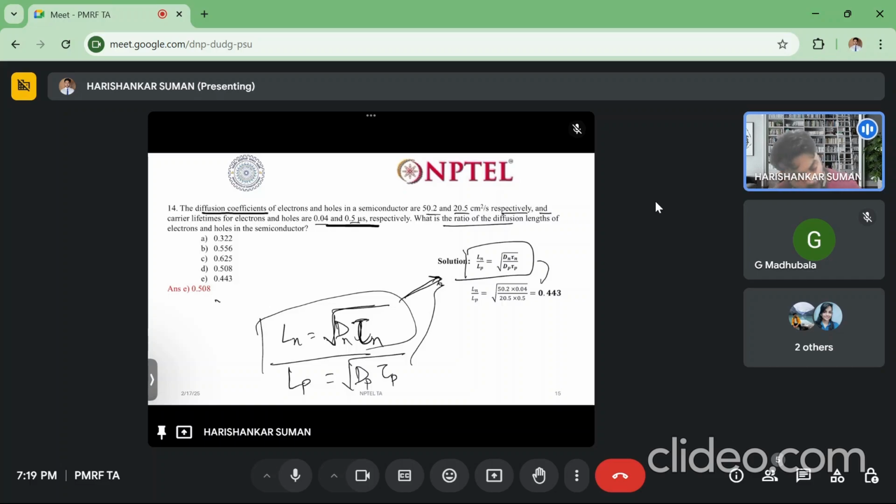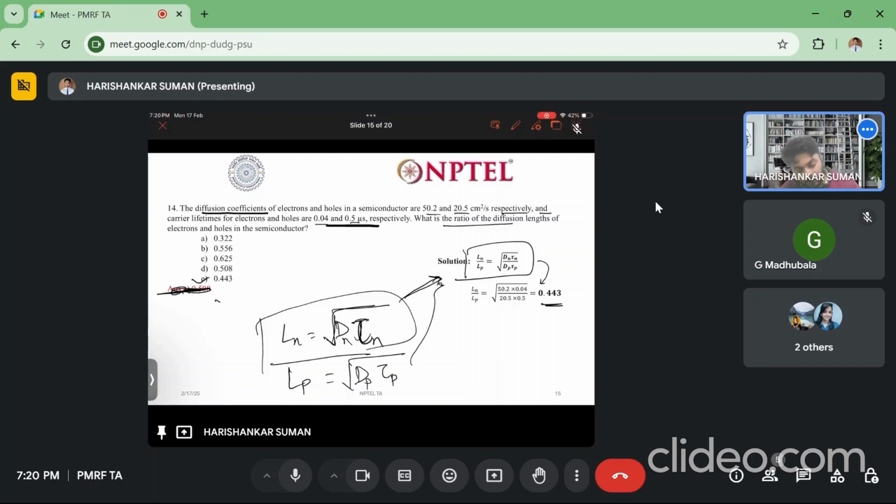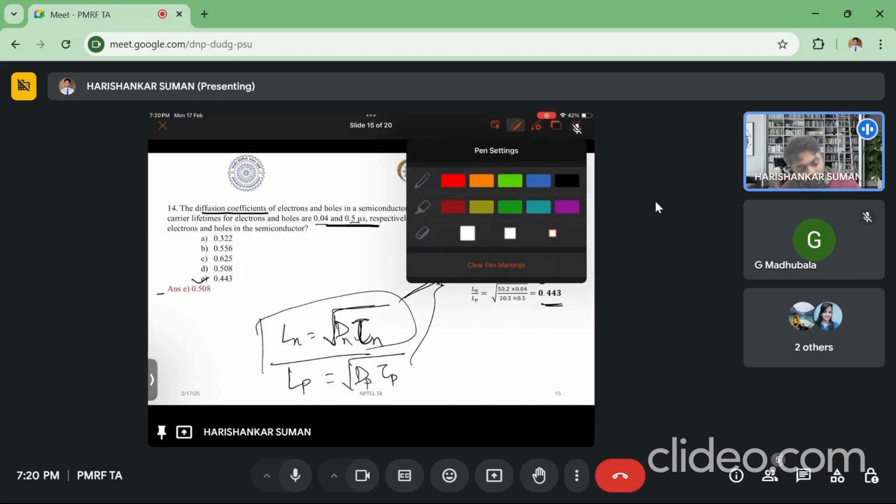Put these values here, multiply, and calculate the square root, then you will get the ratio 0.443. So, sorry, the answer will be E. I will correct it. Answer is E, but there is some typing error.